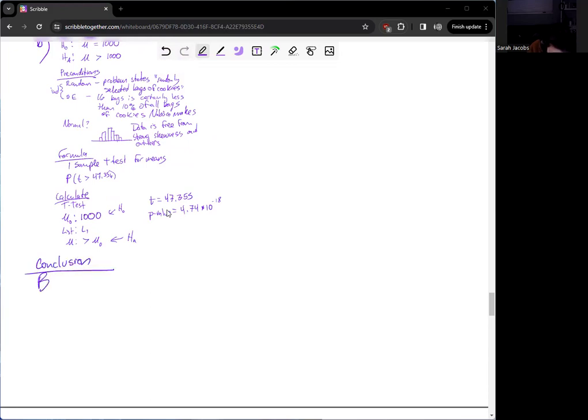Okay. Because this first sentence is about the H0, because our p-value of 4.74 times 10 to the negative 18th, so that would be 17 zeros to the right of the decimal point before we get to the 4, is far less than our alpha of 0.05, we reject. If the p is low, reject the H0, the null hypothesis.